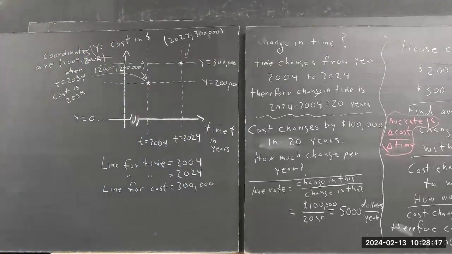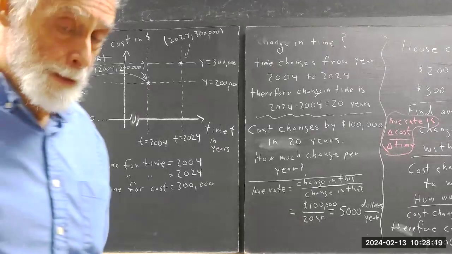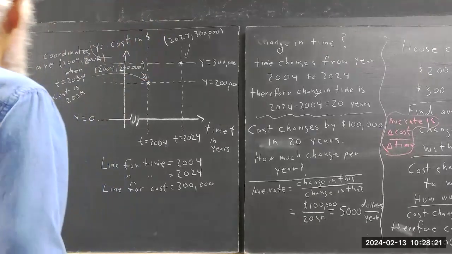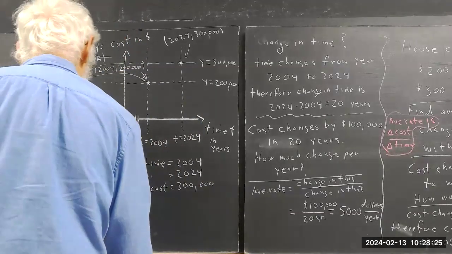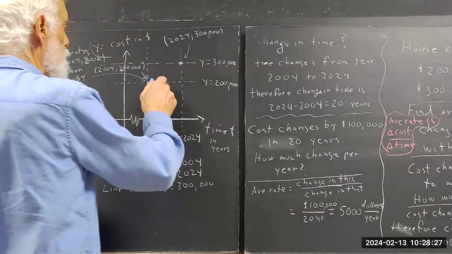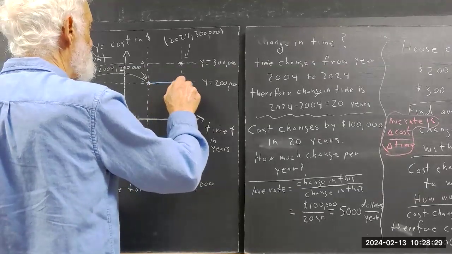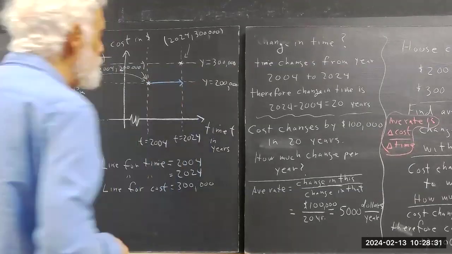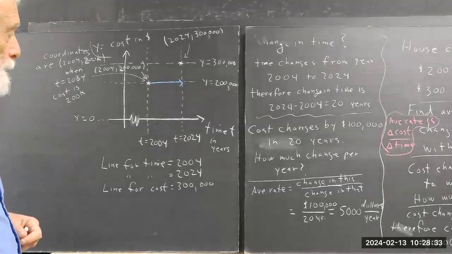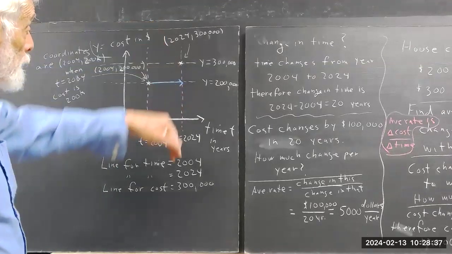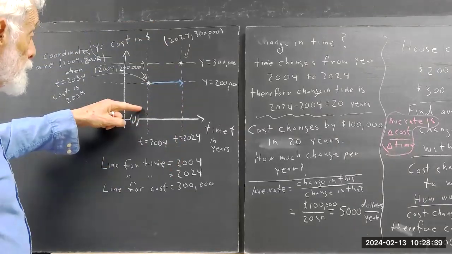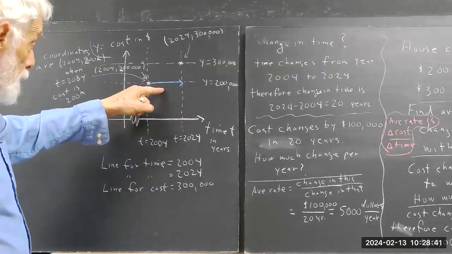Okay. Now, I want to know how long this arrow is. I'll comment that since these lines are parallel, any arrow that goes straight from this line to this line is going to have the same length.